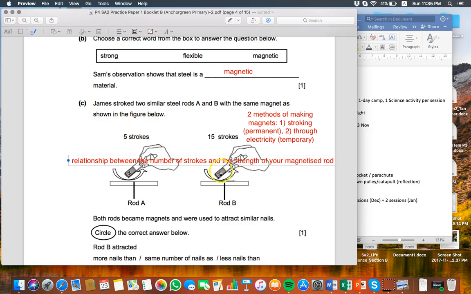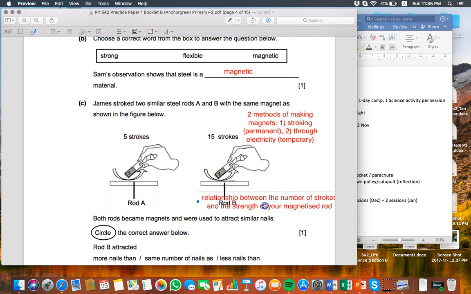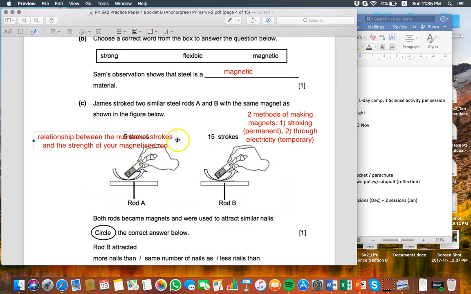Okay, finally. Let me see if I can move this. Okay, can you just copy this down? What is the relationship between the number of strokes and the strength of your magnetized rod? Can you remember from your experiment that we did in the workbook?